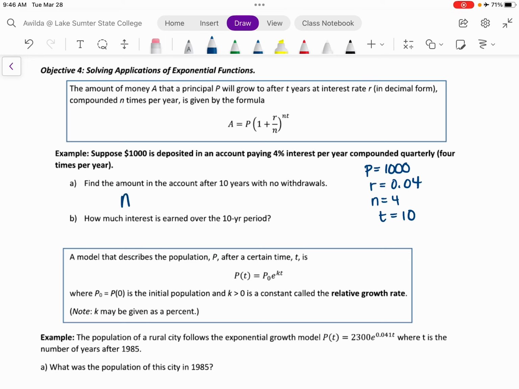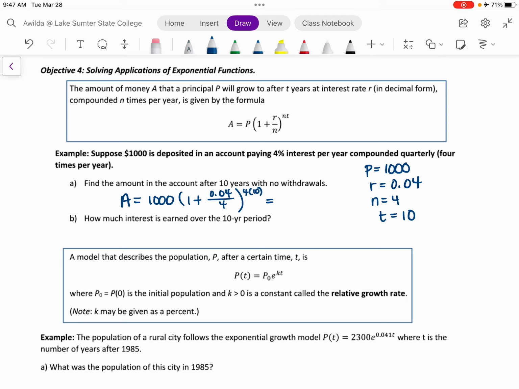So substituting all of these values into the formula above, we have that A is equal to 1,000 times 1 plus 0.04 over 4 to the power 4 times 10. A good scientific calculator will allow you to enter this quantity exactly as you see it here, but you may want to simplify it just a tad to make it easier.